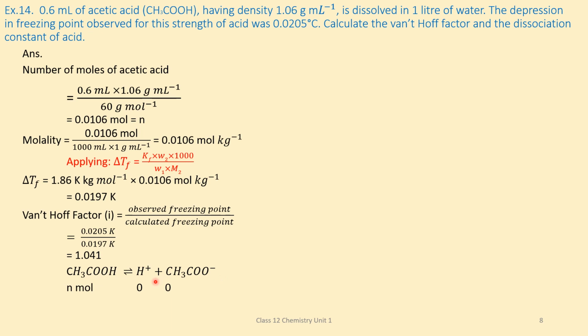N moles of CH3COOH before dissociation are n moles, and after dissociation it will become n into 1 minus X, hydrogen H plus is nX mole and CH3COO minus is nX mole.